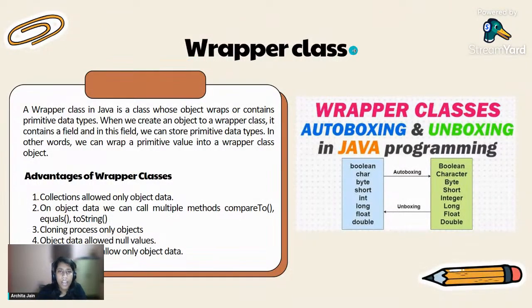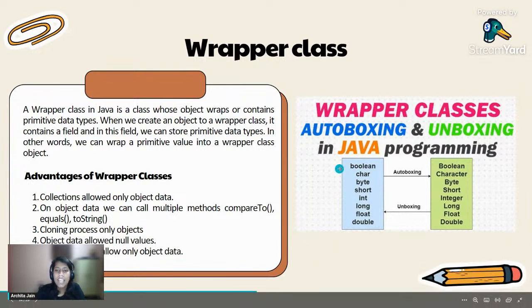Now, talking about the wrapper class, it is also an important topic of this unit, as the wrapper class is used to convert primitive data types into objects. We have talked about what the primitive data types are, the numeric and the non-numeric ones, like Boolean, character, byte, and all of these.